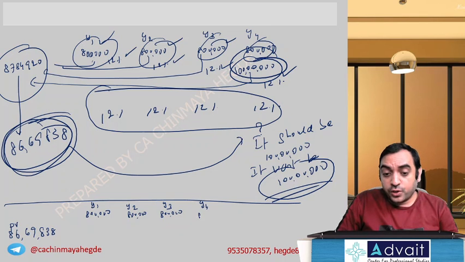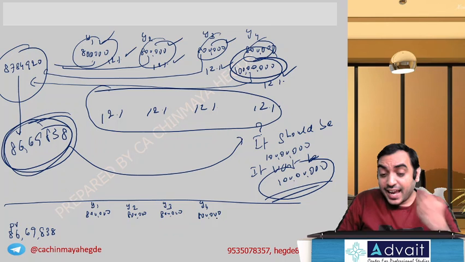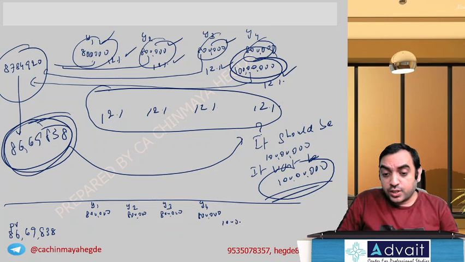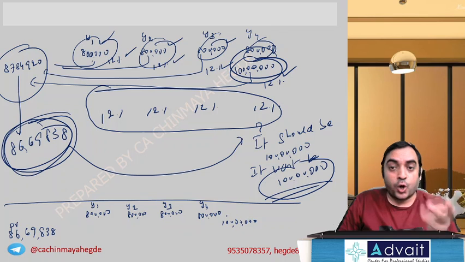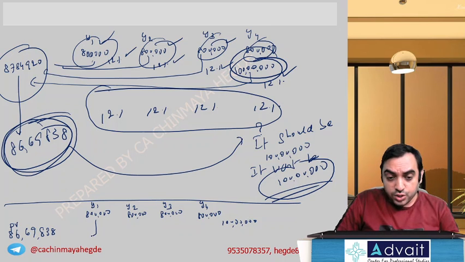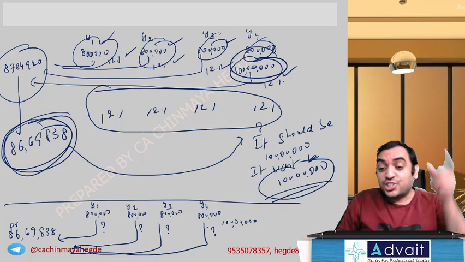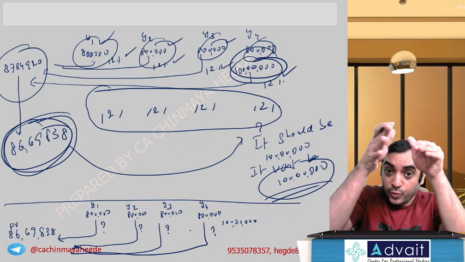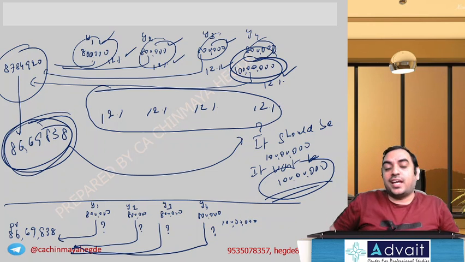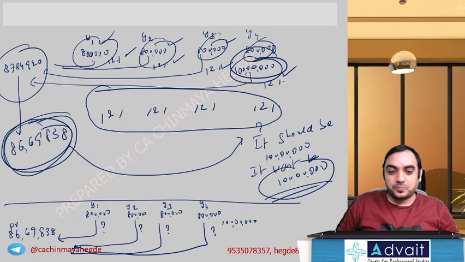Year 4 should be 8 lakh, and the last value should come up to 100 lakh, because these are all committed cash flows, cannot be changed. Now when you discount, you need to get that rate. You need to get that rate in such a way that the present value comes to 86, 69, 838.